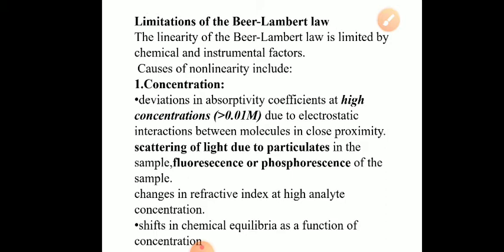So there is a linear relationship between concentration and absorbance, or optical density. Meaning, the absorbance or optical density goes on increasing when concentration goes on increasing. So, a linear relationship. But this linear relationship fails.